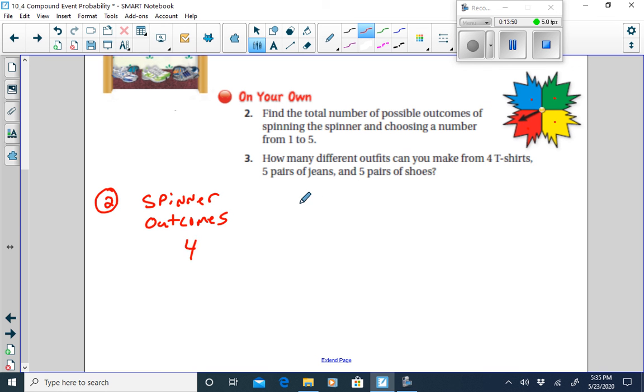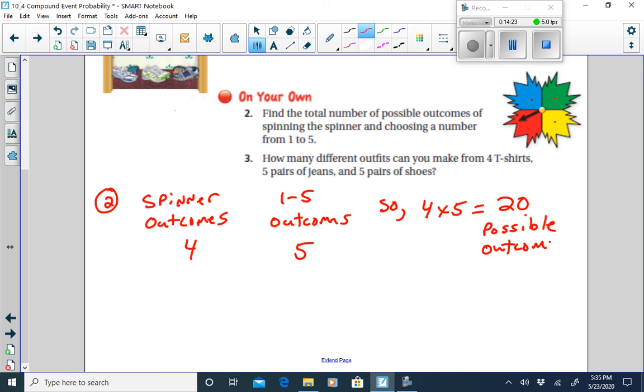And then choosing a number 1 to 5, there are 5 of those. You could choose a 1, a 2, a 3, a 4, or 5. So the total number of possible outcomes of spinning a spinner and choosing a number 1 to 5 would be 4 times 5, which is 20 possible outcomes. All right, for problem number 2.